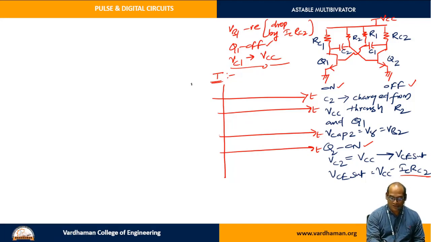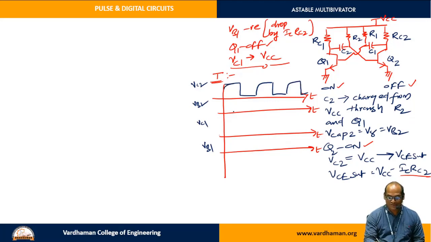I am taking here the collector 2 voltage, base 2 voltage, collector 1 voltage, base 1 voltage. We have taken first Q2 is off, then it is becoming on, then again off, on, off, on.